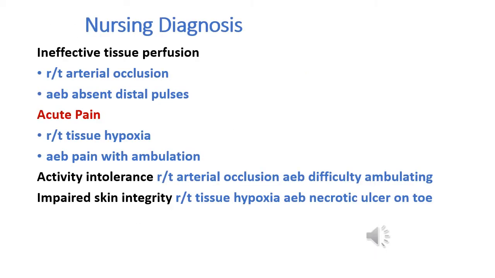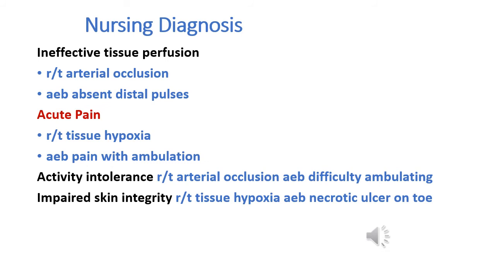As always, we want to think about our clients in terms of the nursing process as the framework for our care. So here are some of the nursing diagnoses on your objectives page, and at this point they should be pretty familiar to you.